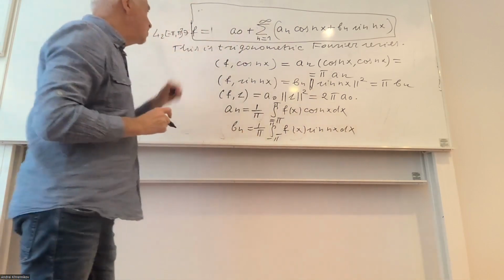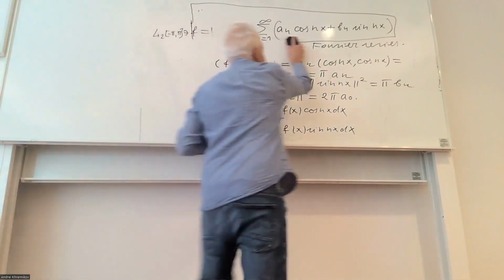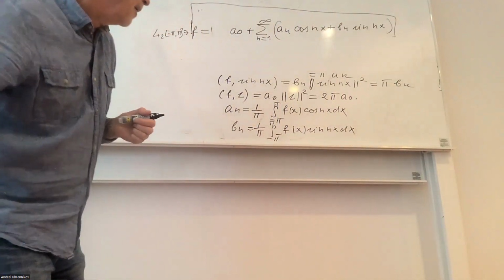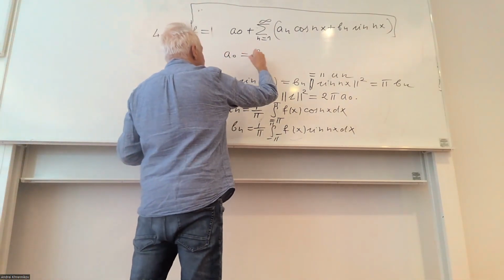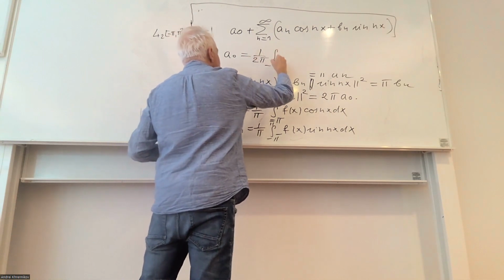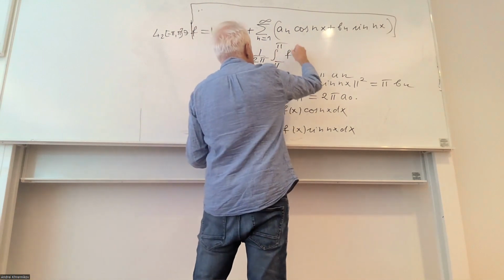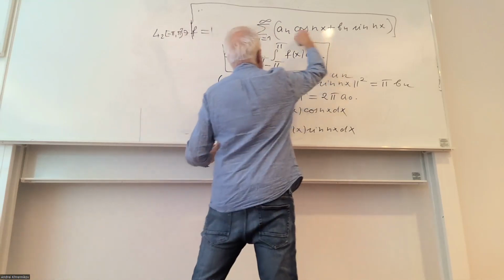And a0 is a bit different: a0 is 1 over 2 pi times the integral from minus pi to pi of f(x) dx. So we get such formulas.